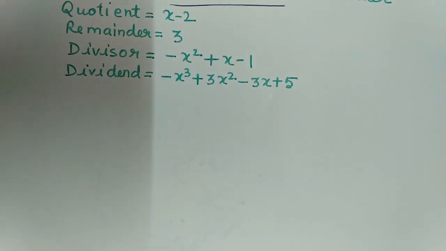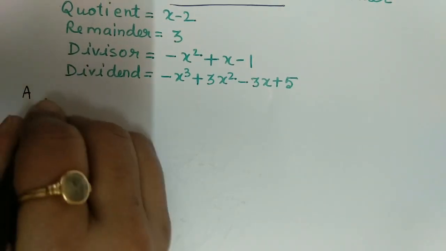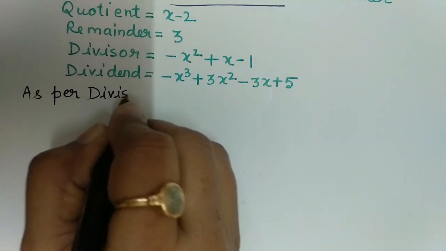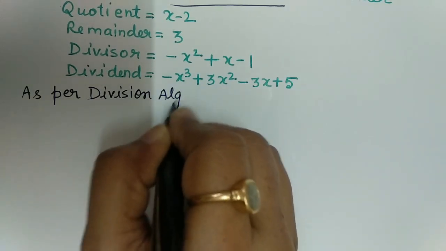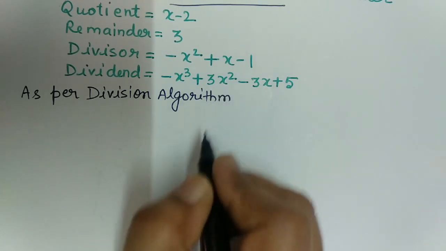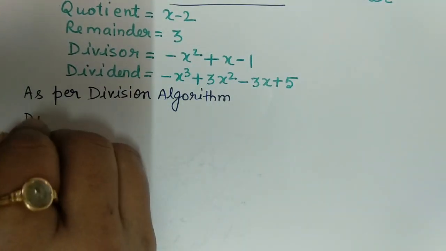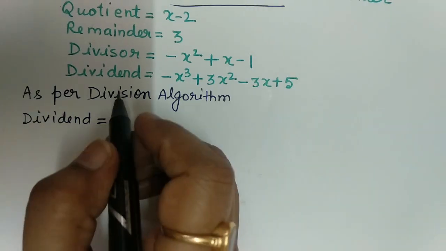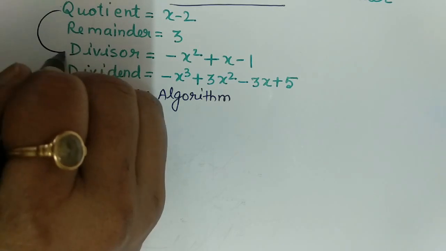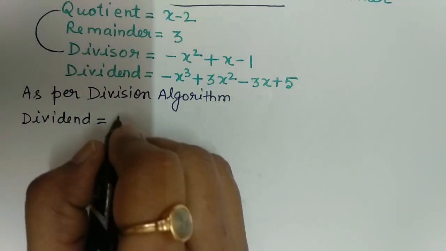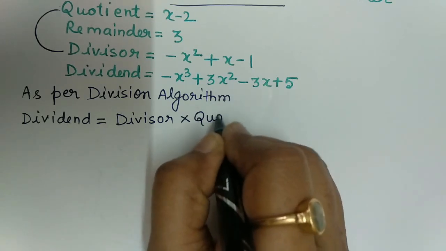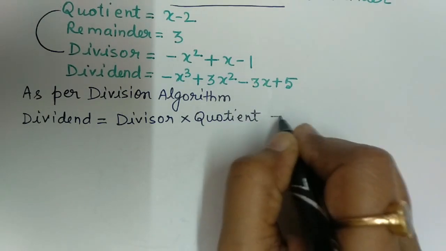As per the division algorithm, this dividend must be equal to the product of divisor and quotient plus remainder.